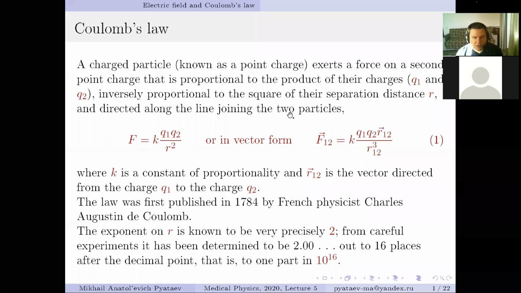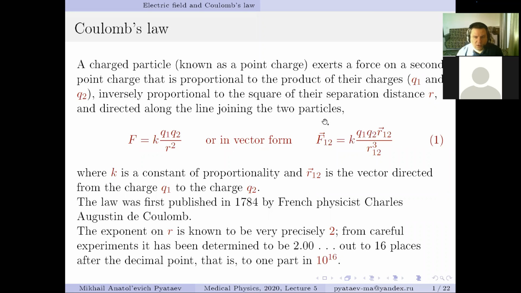One more thing here is the vector form of Coulomb's law. We know that force is a vector quantity. It is characterized by its value and by its direction. So the force can be written as a vector, and it can be done using the vector R12, which connects the first charge and the second charge.